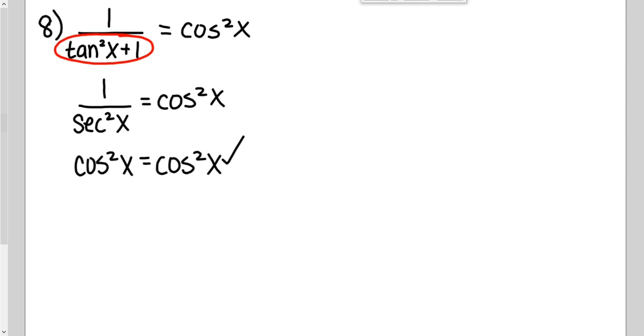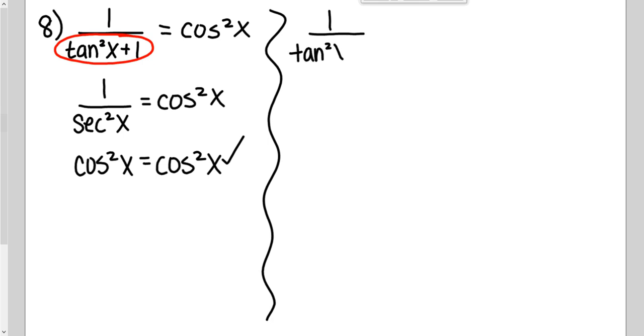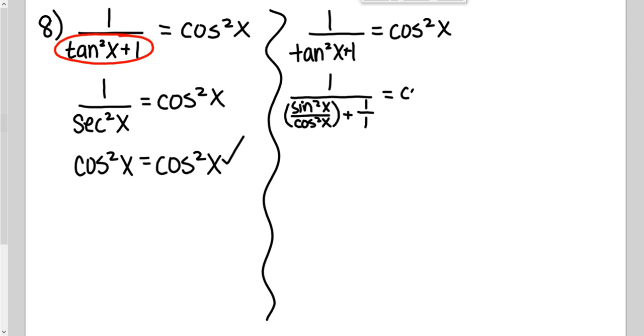If you know your Pythagorean identities, that is all you have to do for this problem. If you don't know your Pythagorean identities, let's check this out. This is going to be fun. If I didn't know my Pythagorean identities, I would come in and I would say, well, tan squared is equal to sine squared over cosine squared. 1 is 1 over 1.